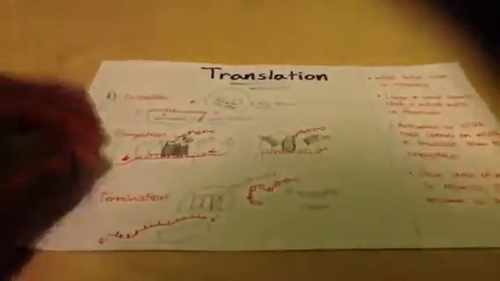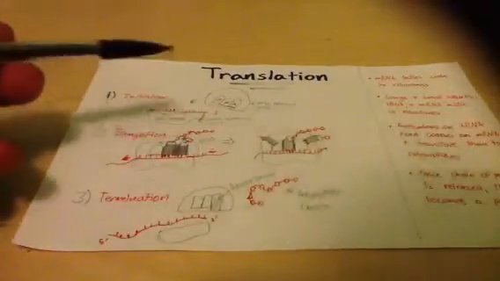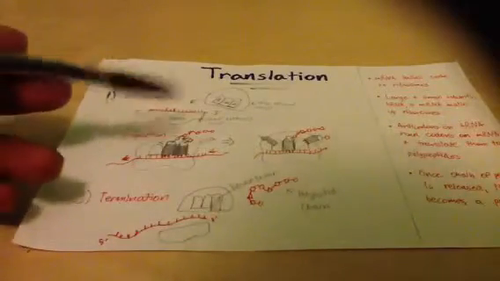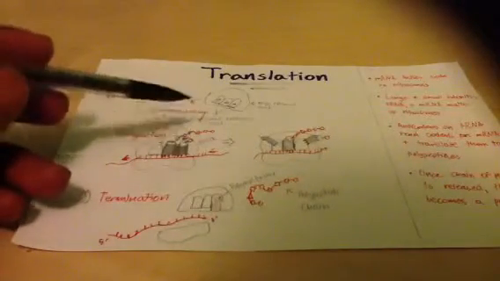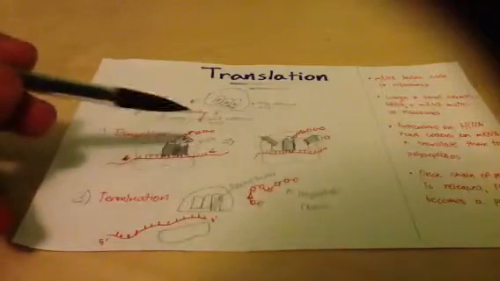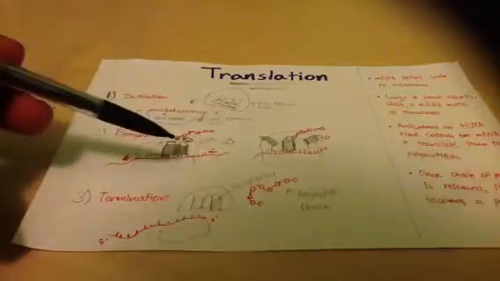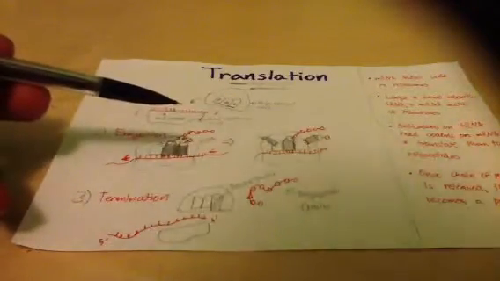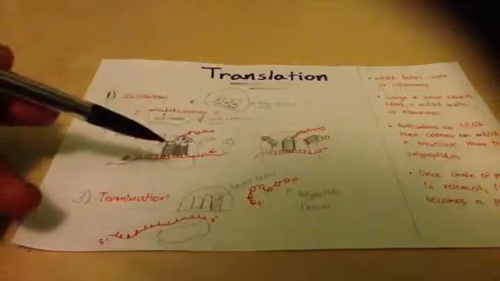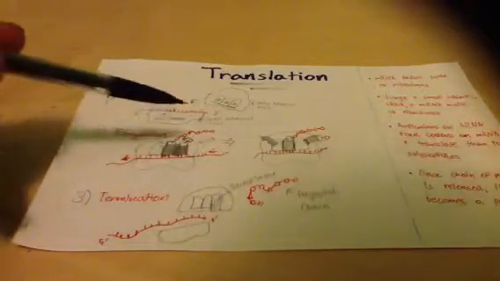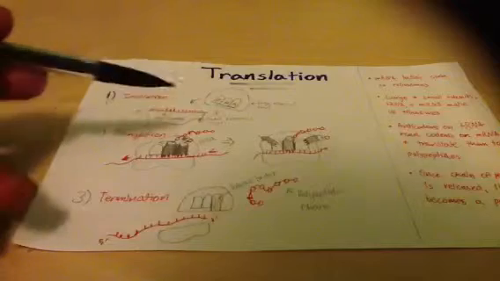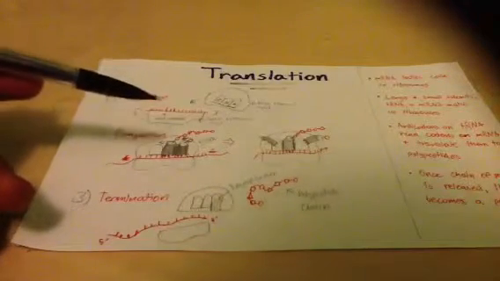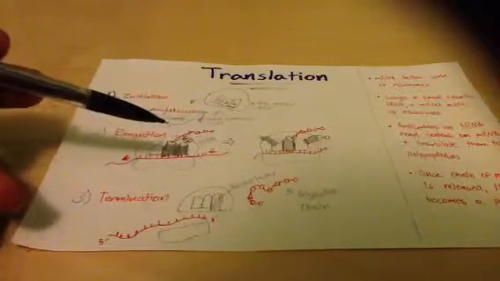During the elongation, these anticodons, which are basically the opposite of the regular codons and their bases, are going to specifically bind to the mRNA. They have to be very specific for the specific codon.